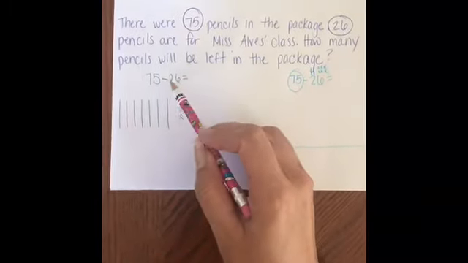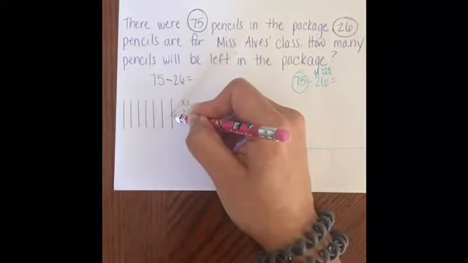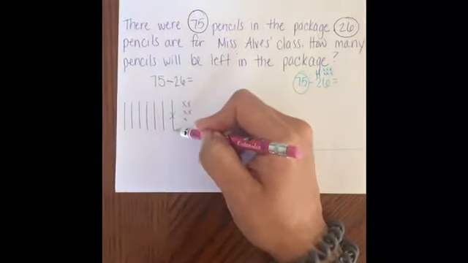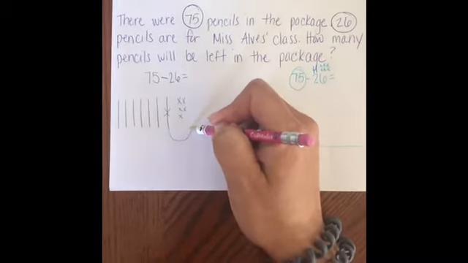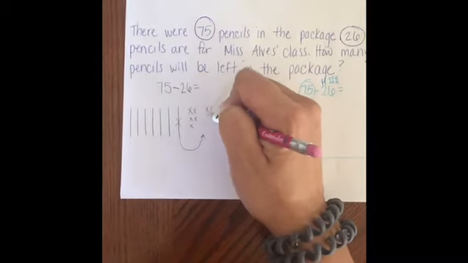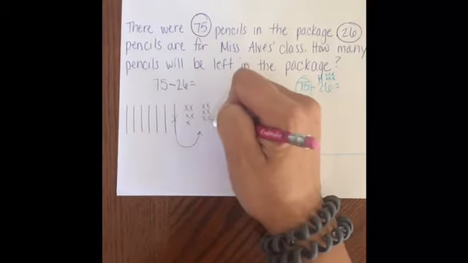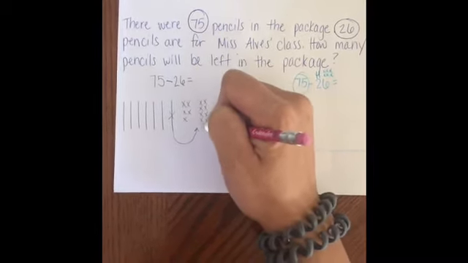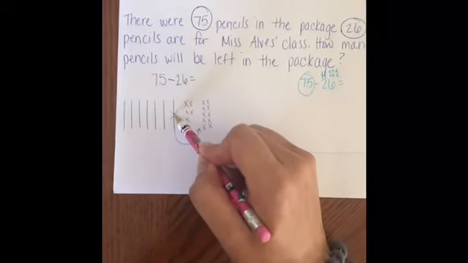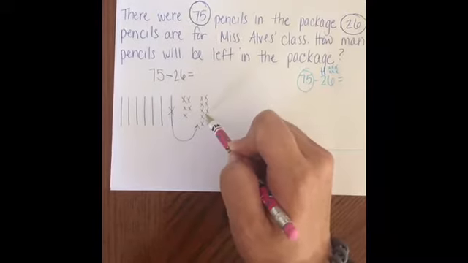Regrouping in subtraction means I have to cross out a rod, and I'm going to make a fair trade with this rod for 10 cubes. 1, 2, 3, 4, 5, 6, 7, 8, 9, 10. So now this rod is gone because we traded it in for 10 cubes.